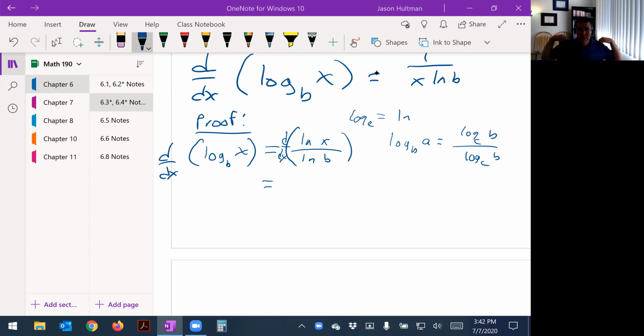Thank you, Anthony. Yes, it is 1 over x. So we have 1 over x, and then what's 1 over natural log of b? Isn't that just a constant? If I take the derivative of a constant times a function, the constant is out in front. So wouldn't this just be equal to 1 over x natural log of b? Does that make sense?